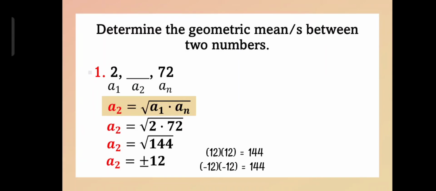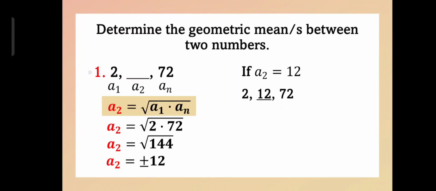Likewise, negative 12 times negative 12 is equal to 144. Now, if the geometric mean is 12, then the sequence is 2, 12, 72. Or, if the geometric mean is negative 12, then the sequence is 2, negative 12, 72.